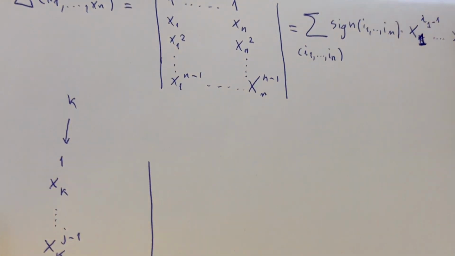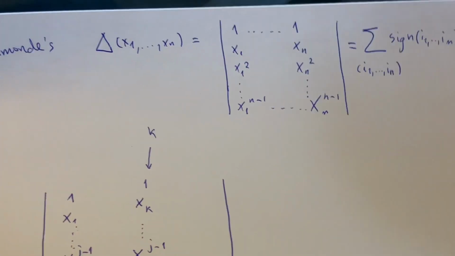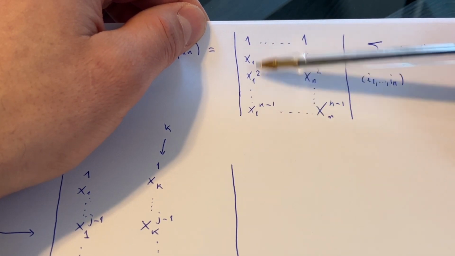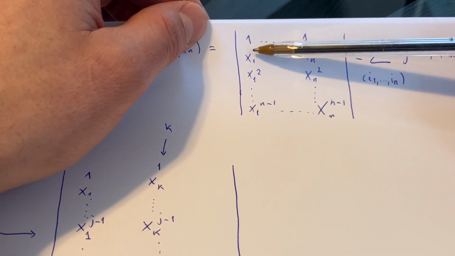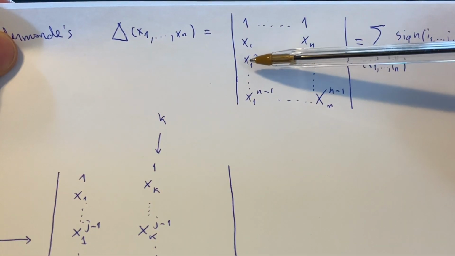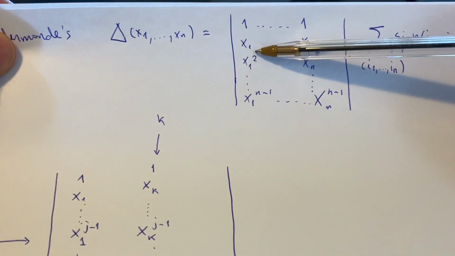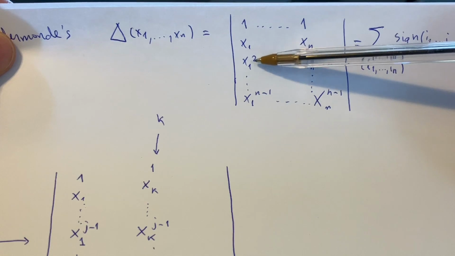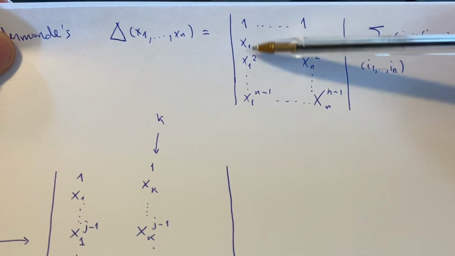So let's now check Vandermonde's determinant down there. So we are on the first column down here. The third row contains the element x1 to the power 3 minus 1, so 2. All right.